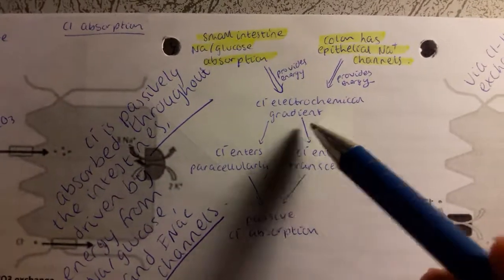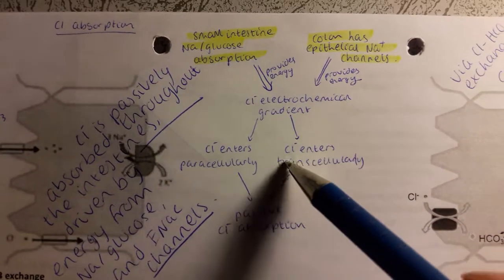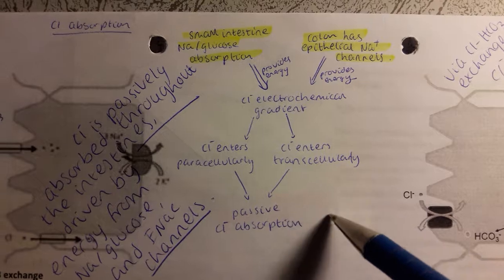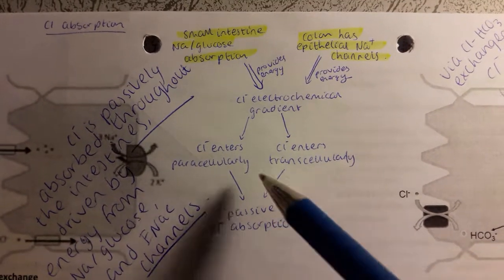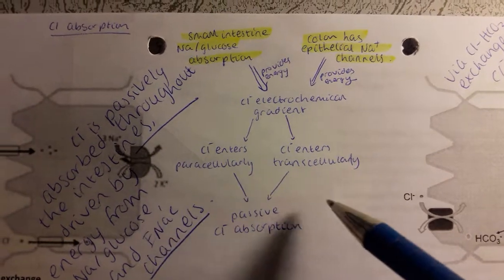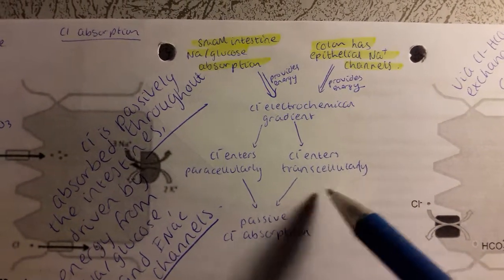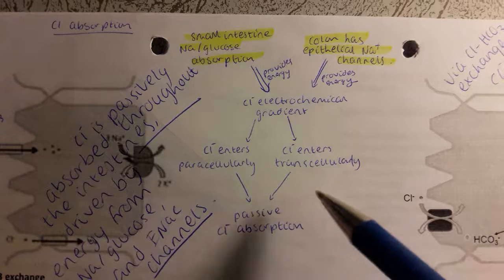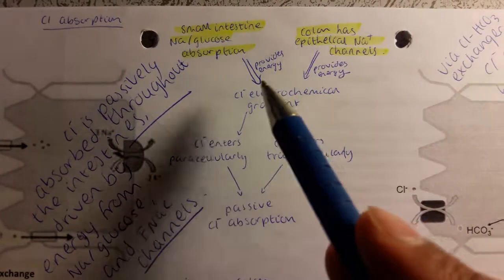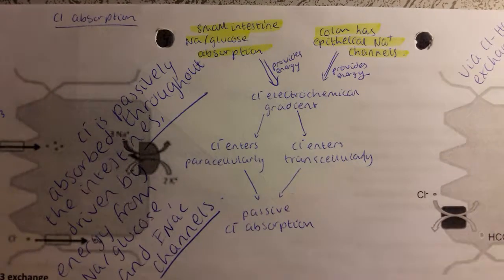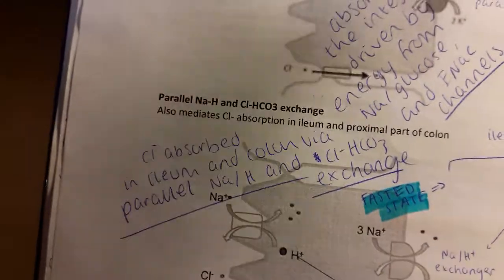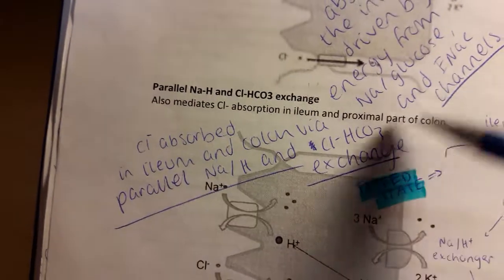As I mentioned previously, it's absorbed through two routes, either transcellularly through the enterocytes, through the apical membrane and the basolateral membrane, or paracellularly, so between the enterocytes via the tight junctions into the body. And this whole thing results in passive chloride absorption. That was throughout the bowel.